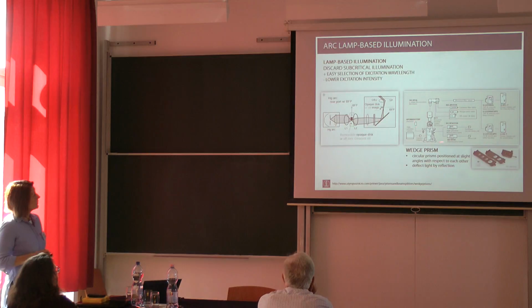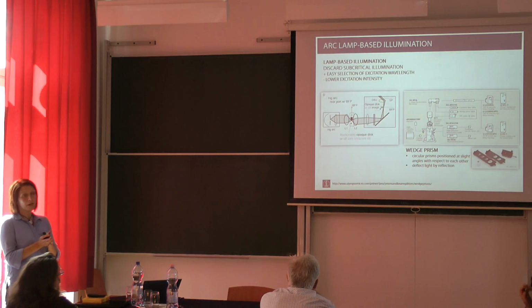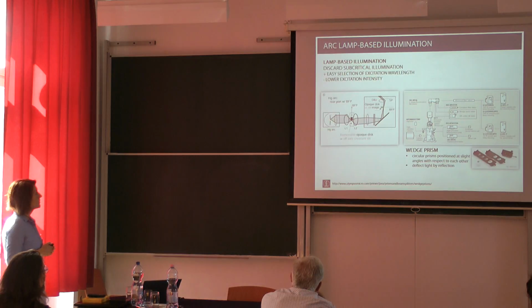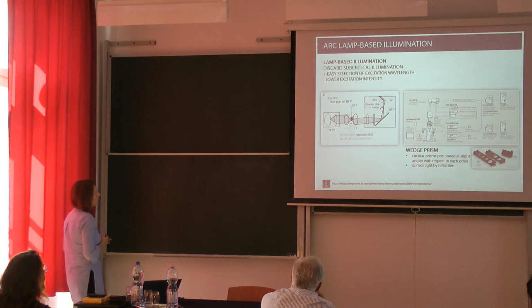And this is a commercial setup proposed by Olympus, based on the use of a wedge prism and an off-center slit. The wedge prisms can deflect the light at different angles, and the light in the supercritical regime can go through the off-center slit, which ensures TIRF illumination.